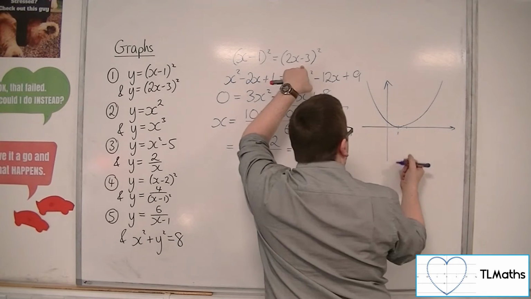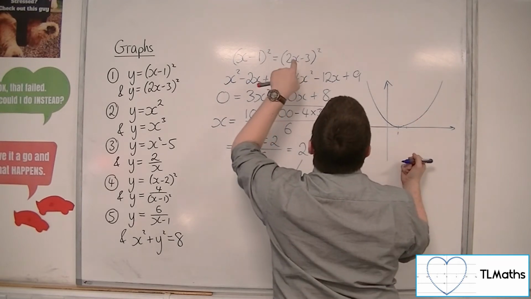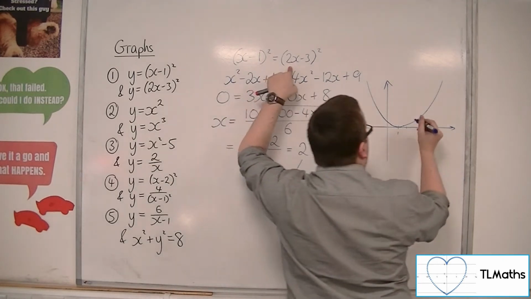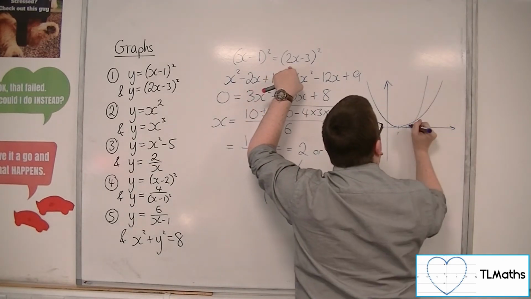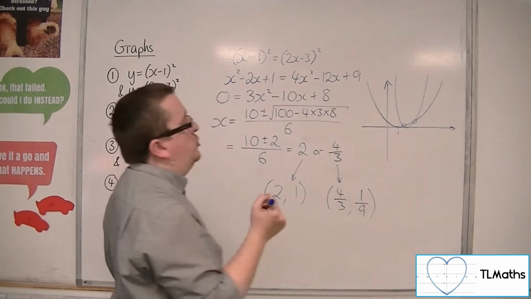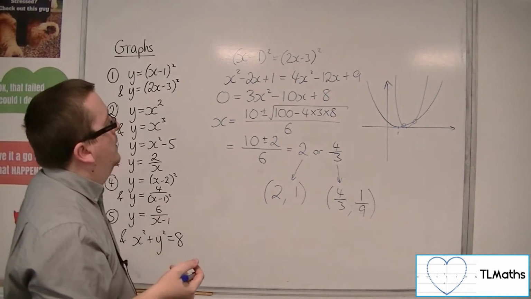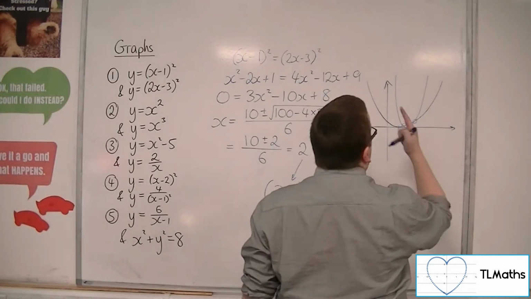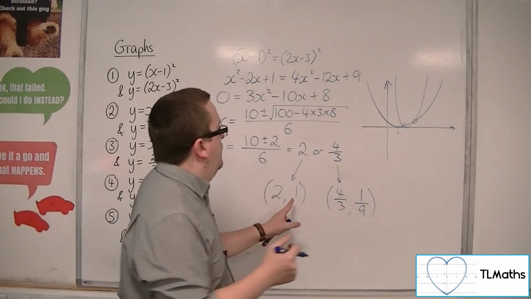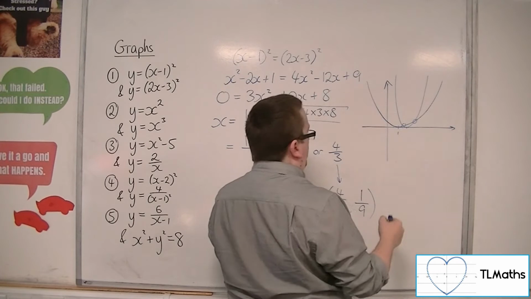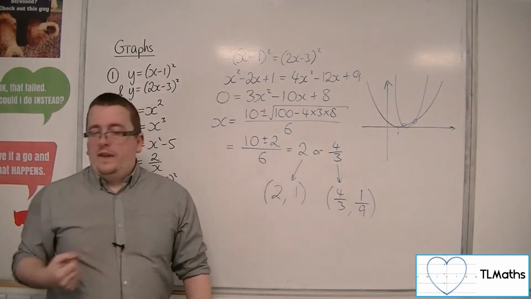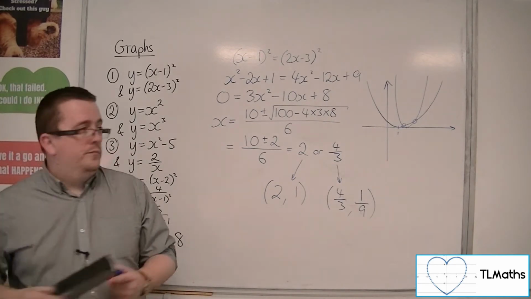But because it would be 4x squared when expanded, it's going to be steeper. So you've actually got these two intersection points. That's something to consider here. We've got (2, 1), which would be that one, and (4/3, 1/9), which would be that one. So there's the first example.